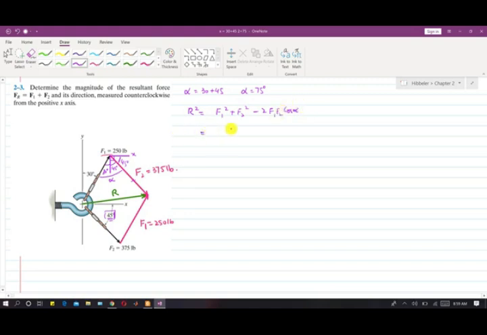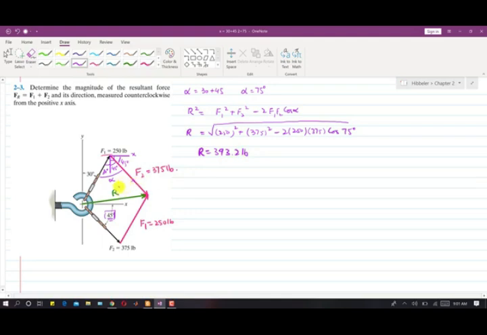If we put in the values, F1 is 250 pounds, F2 is 375 pounds, minus 2 times 250 times 375 times cos of alpha, and alpha is 75 degrees. If we take the square root, we will get the resultant magnitude. So let me solve this. R comes out to be 393.2 pounds. So now we know the magnitude of R.